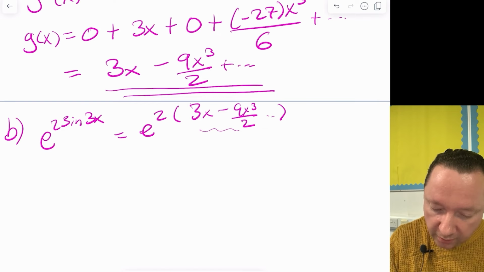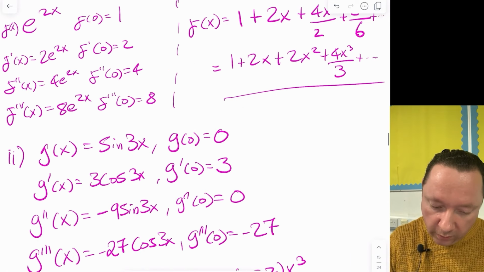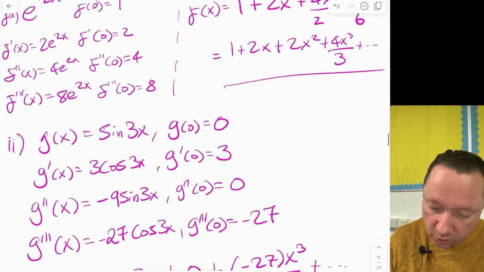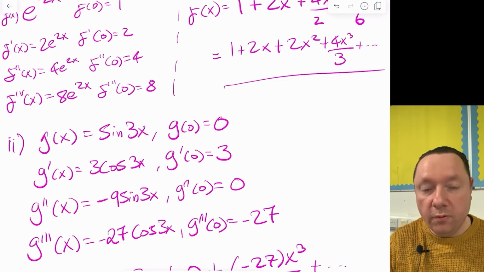Well, imagine that as like a variable x or y. We know e to the 2x from up here, so we can just use that: 1 plus 2x plus 2x squared plus 4x cubed over 3.